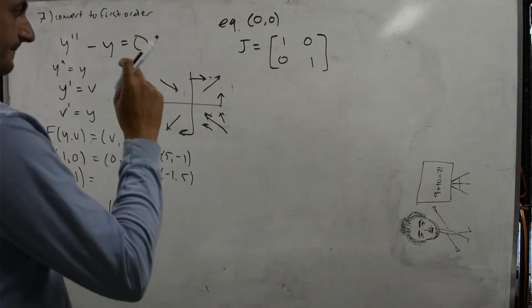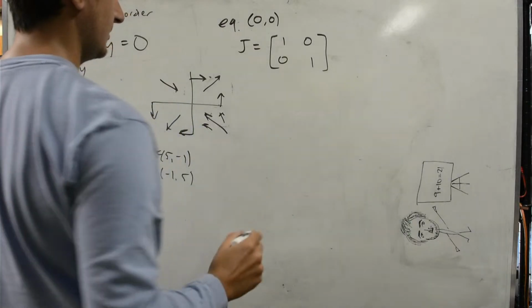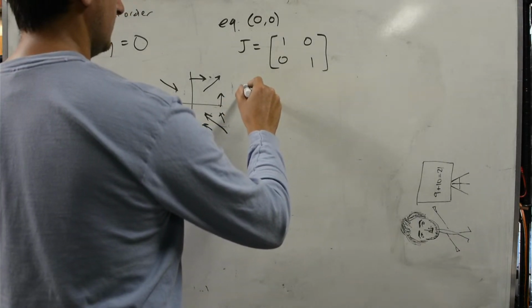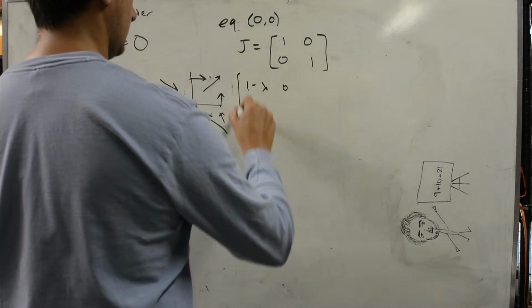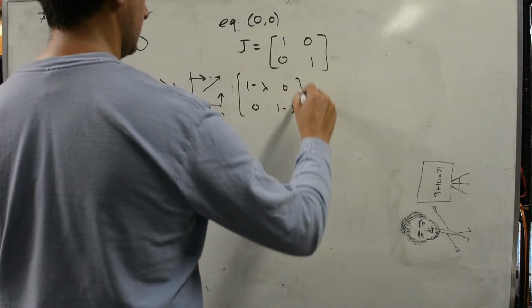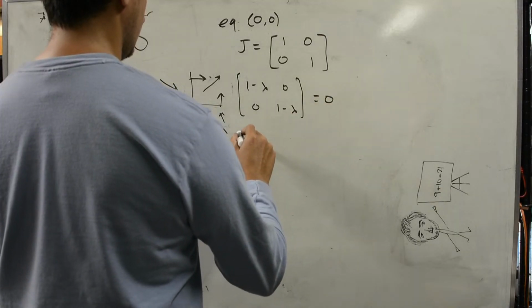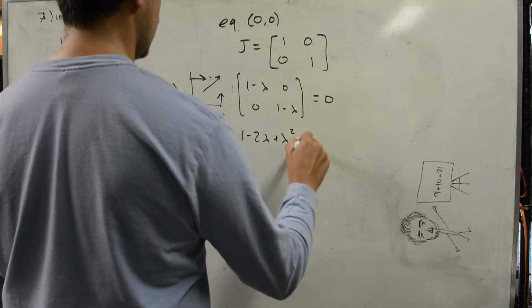So what are we trying to do? We're going to get 1 minus lambda, 1 minus lambda equal to 0. So then we get 1 minus 2 lambda, lambda squared is equal to 0.